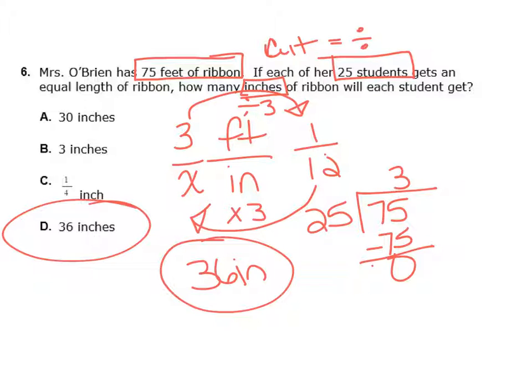Again, if you picked 30, you basically just multiplied 3 times 10. If you picked 3 inches, that means you didn't convert the feet to inches. And if you did 1/4 inches, that means you divided the 75 by... oh, I know what you did.